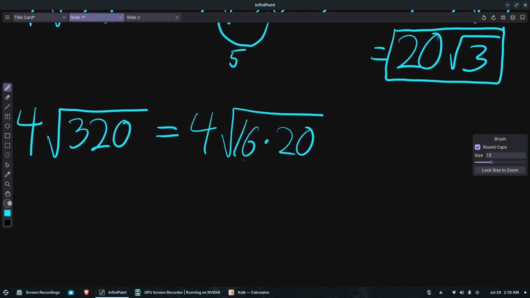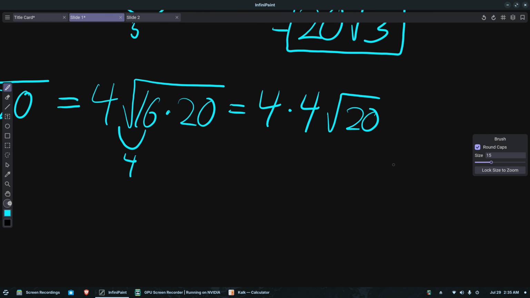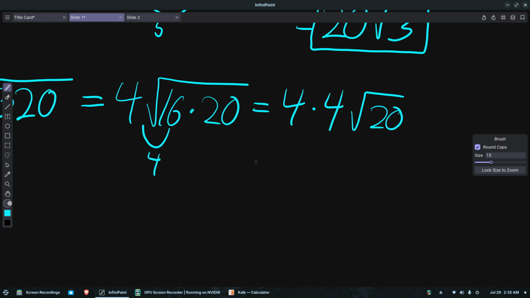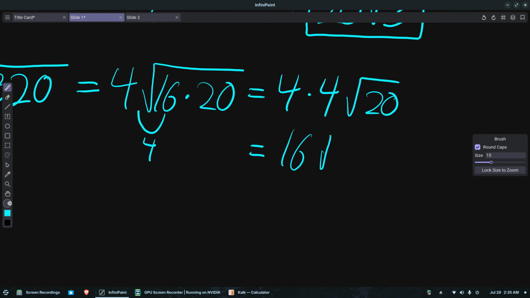We could take this out because we could take the square root of 16. That's going to become 4. So then we get 4 times 4, and then we'll just leave the root 20 here. We multiply these so that we would get 16 root 20.